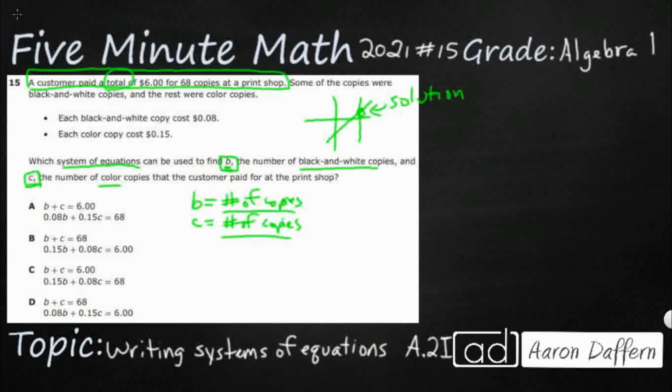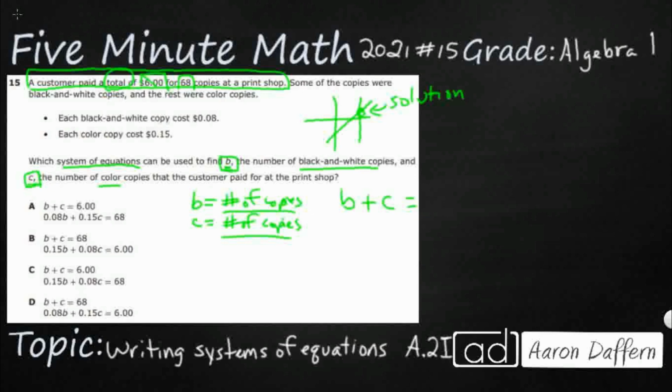Paid a total of, okay, so I'm going to get my black and white copies plus colored copies equals, right? So then the full number of black and white copies plus the full number of color copies. But is it going to equal 6 or is it going to equal 68? That's why we have to go back to what the B actually stands for. The B stands for the number of black and white copies. The C stands for the number of color copies.